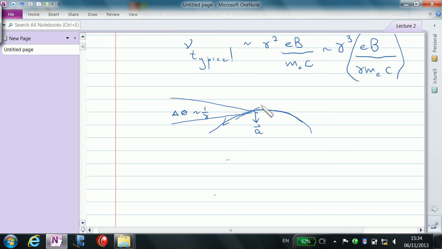And the time in which the observer is in the beam is equal to 1 over the frequency, in other words, the time it takes to go the full route times delta theta, which is equal to 1 over gamma, and the frequency is eB over gamma m sub e c.